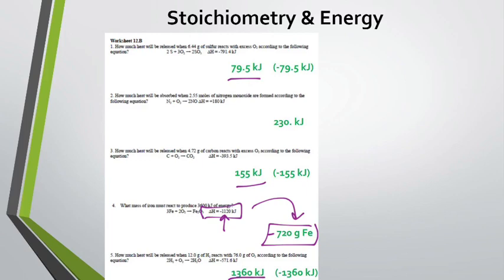And like I said, grams can't be negative, and it doesn't even make sense. It's not like we're losing 720 grams. That's the 720 grams that's going into our reaction. So the negative does not make sense and would actually lose you a point on a test or quiz if you do include a negative sign on something that cannot be negative.